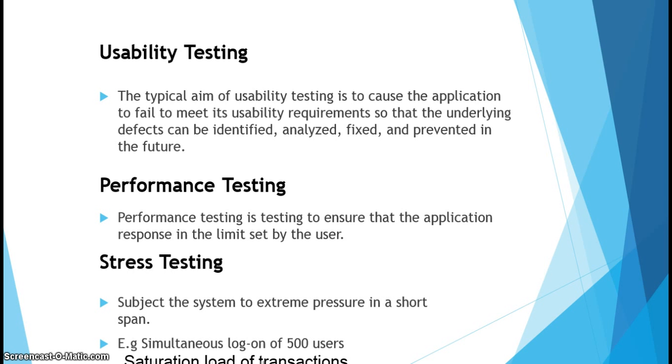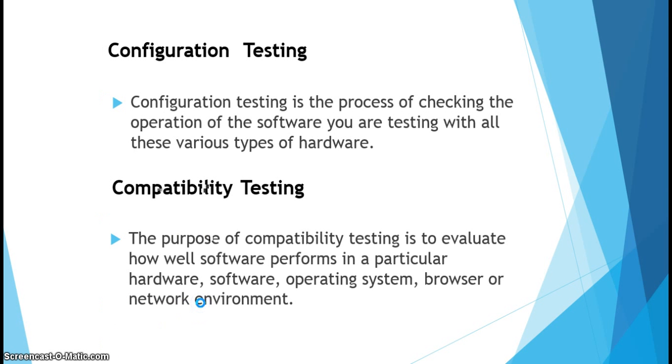That is, for example, simultaneous login of 500 users, or you are trying to saturate the load of transactions, etc. Configuration. You are going to deploy the application onto a client system, so you will be ensuring that the software that you are testing is compatible to all types of hardware. Compatibility testing is to ensure that the software performs well in a specific hardware, software, operating system, browser combination.